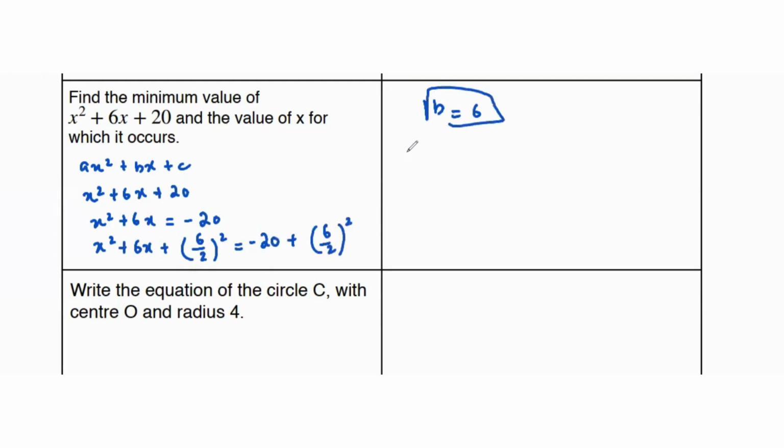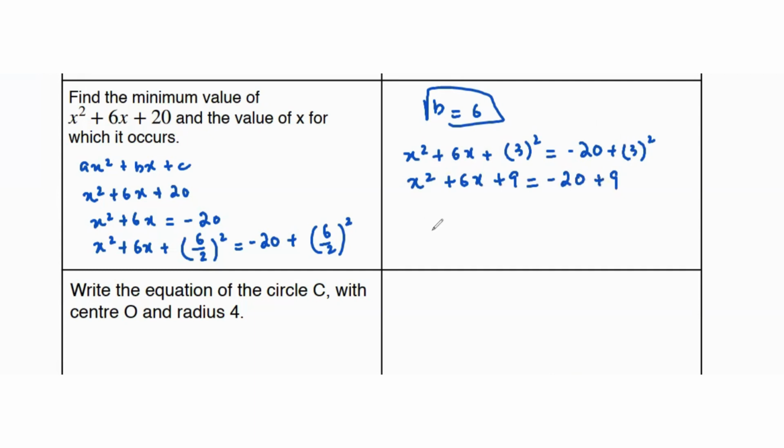So then what we have is x squared plus 6x plus 3 whole squared equals negative 20 plus 3 whole squared. That's x squared plus 6x plus 9 equals negative 20 plus 9. So now we're going to rewrite this as x plus the b over 2 value, which is 3.